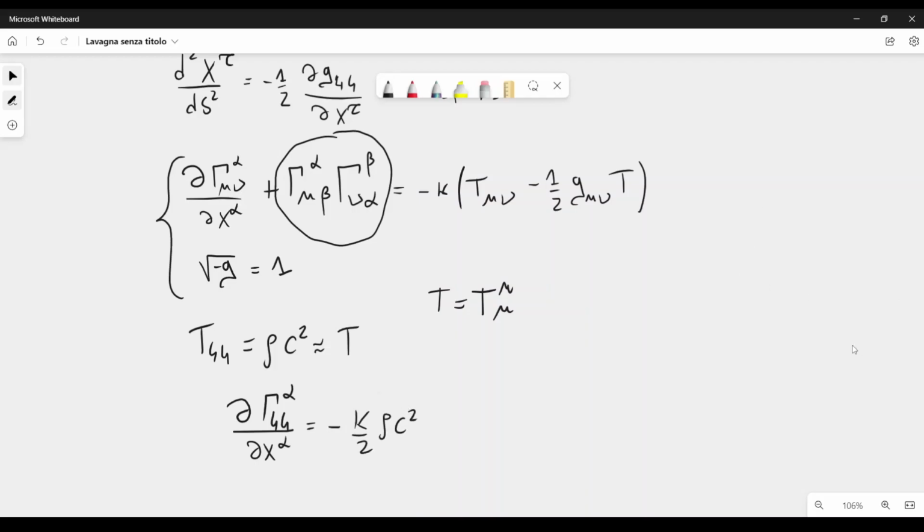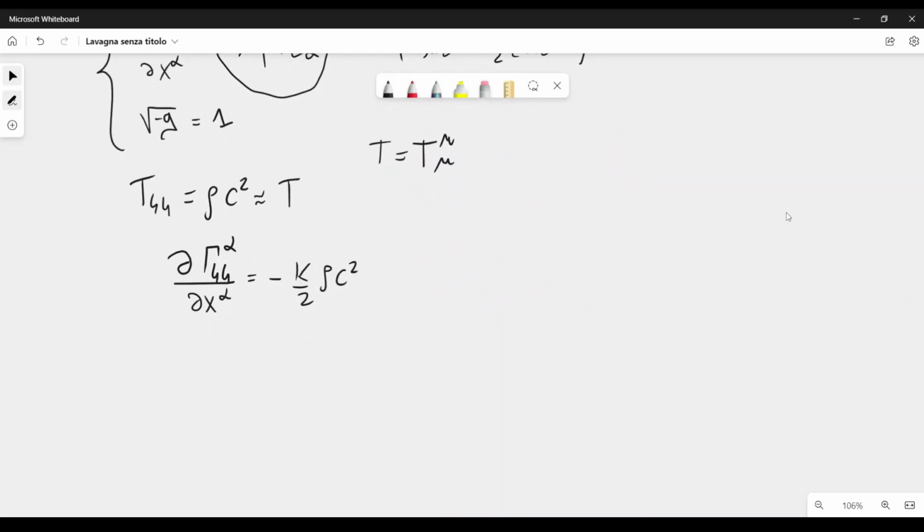and we can rewrite this term on the left.